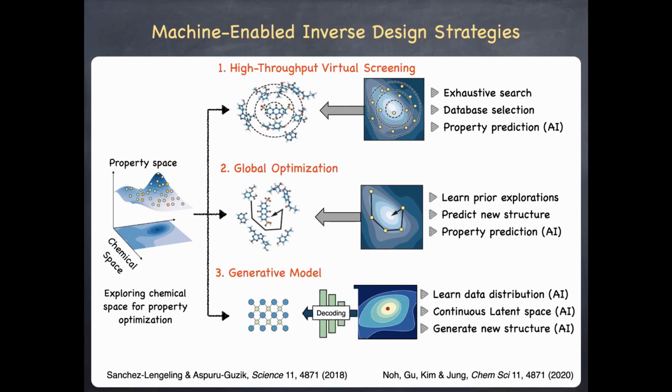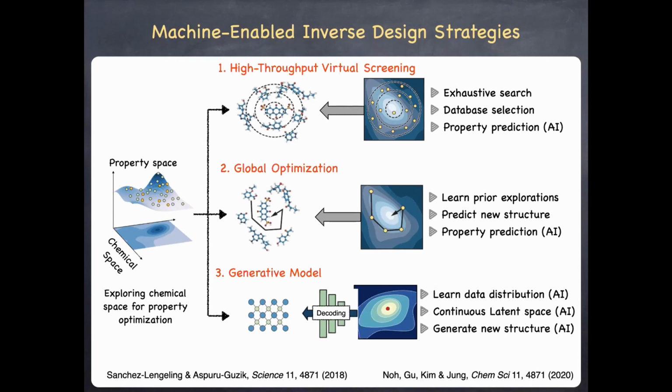And this generative model is different than the first two in the sense that in generative model, you basically take the database and learn the distribution of the entire database. And once you have the distribution, then you can sample from the distribution to find the new material.